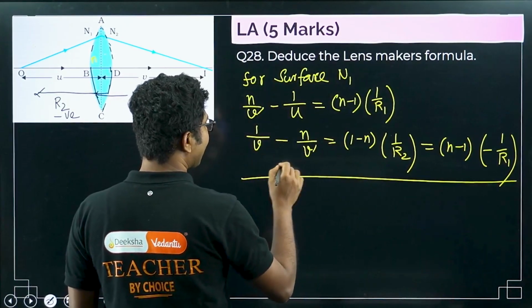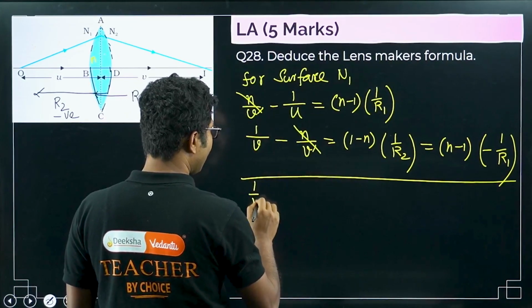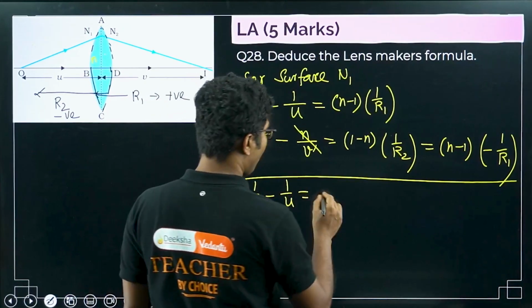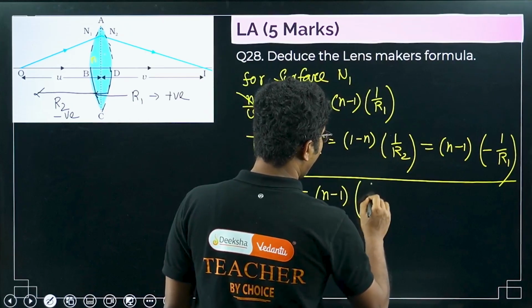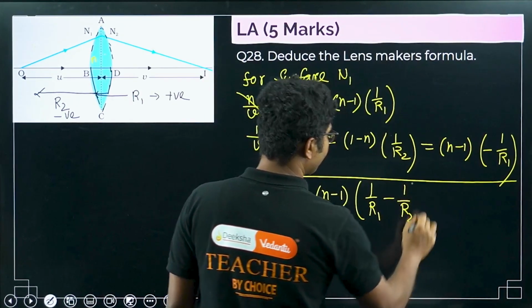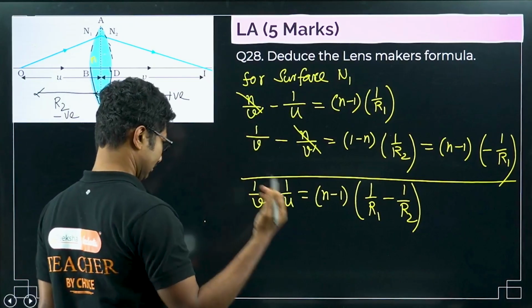So if you add them, this and this will cancel, so you will get 1 by v minus 1 by u equals n minus 1 times 1 by R1 minus 1 by R2. So this is the lens maker formula.